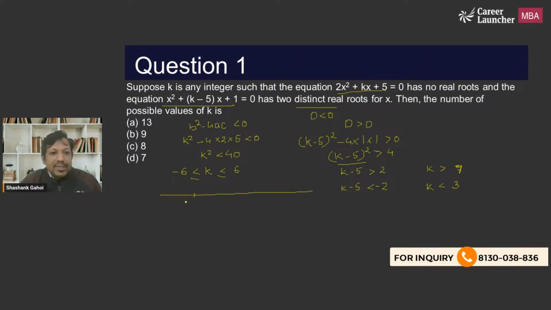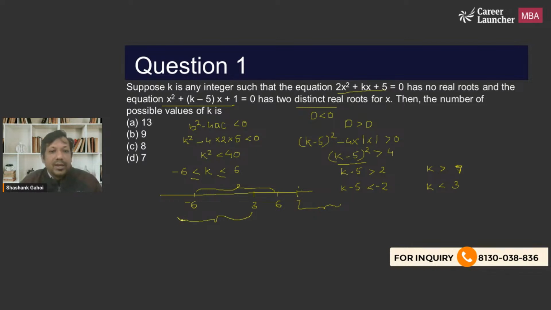So basically, this is minus 6, this is 6, this is 3, this is 7. Right. So basically, my first statement says that this is the possible range of k. My second statement says either this is possible or this is possible.